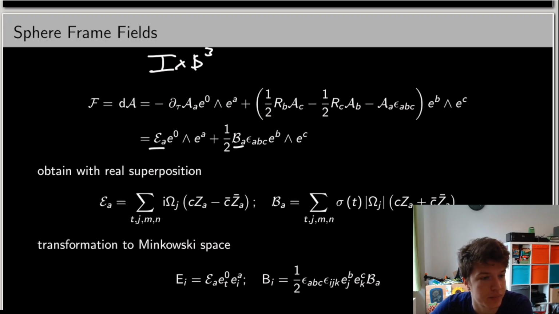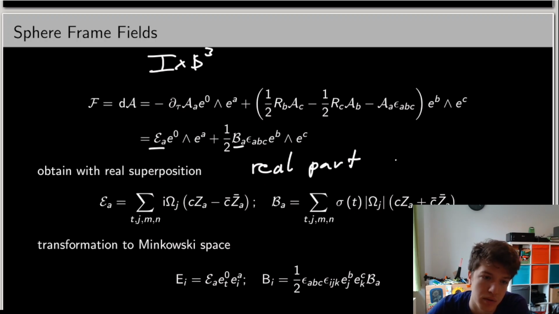And as we know that we want to have a real electric and magnetic field, we also need a real superposition, and therefore we can insert the calculations from before using the real part.